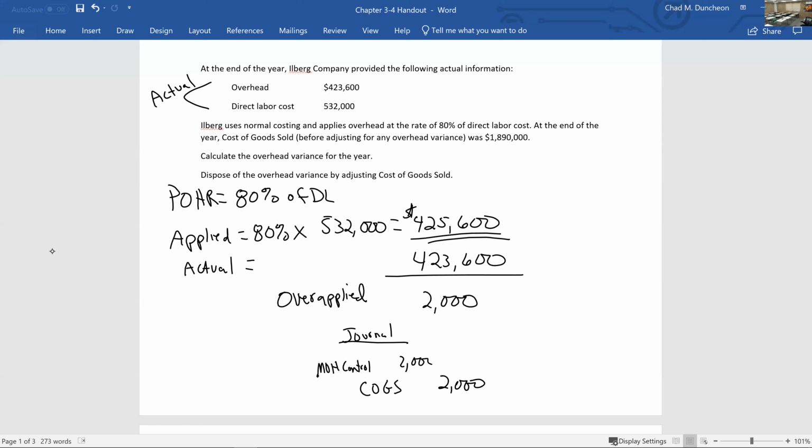And remember, it's going to debit the manufacturing overhead control account, because that is where that extra would be sitting, to make up the difference between what was actual and what was applied. That disposes of it, and it makes our new cost of goods sold 1,888,000 instead of 1,890,000.